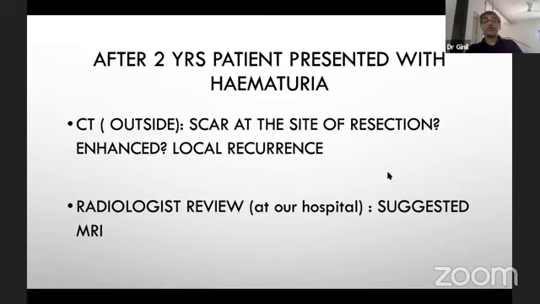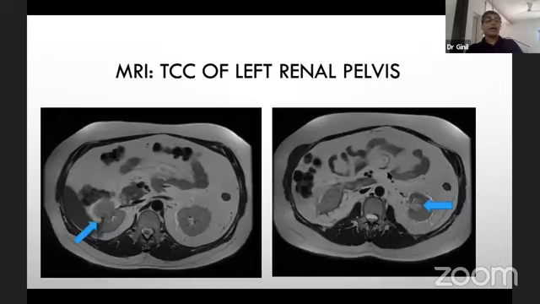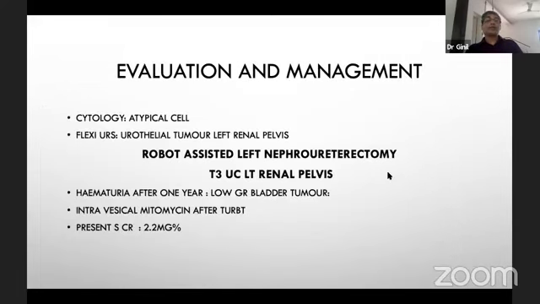The radiologist review from here showed that he was not very happy about the enhancement and needed an MRI. On MRI, you can see that the area was normal, but at the opposite renal hilum there was actually a small lesion according to the radiologist.